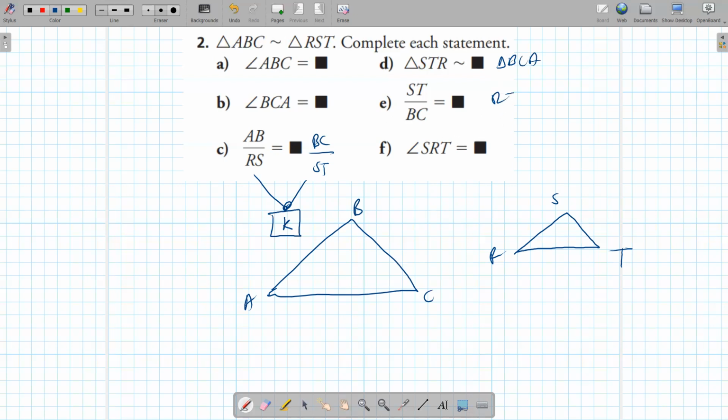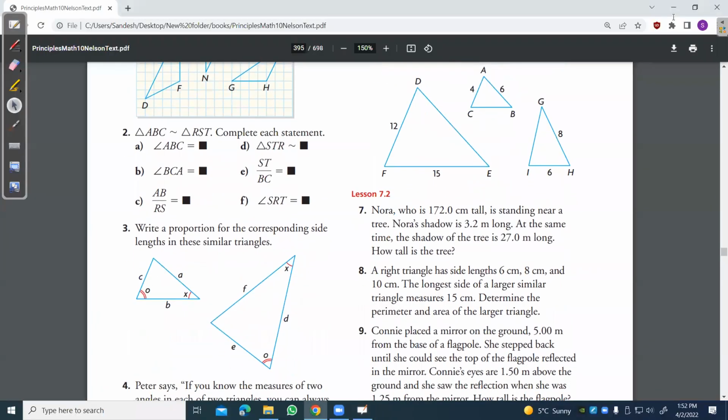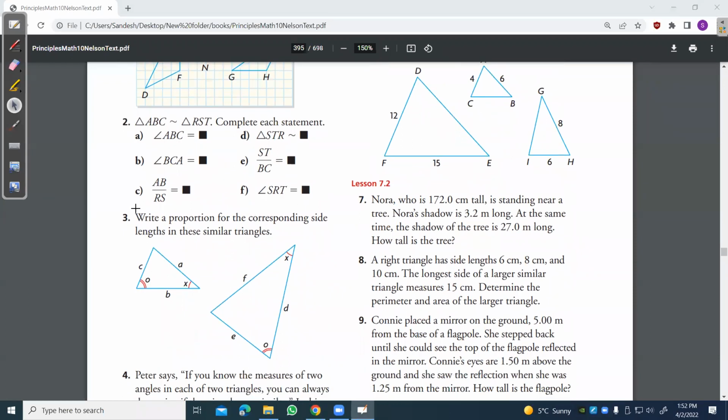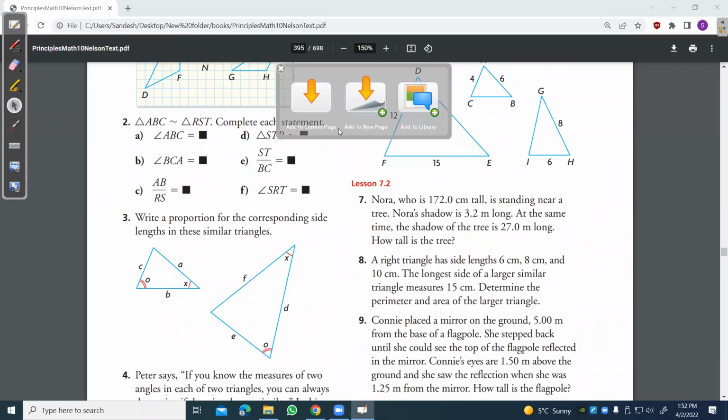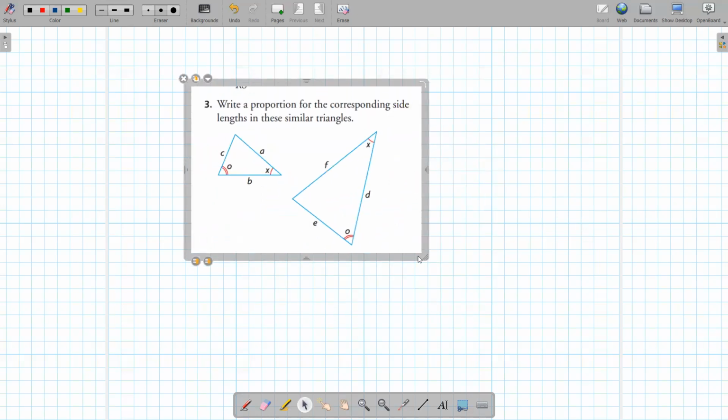Right. And then finally, angle SRT is the same thing as BAC. Yes, okay. So there you go. That's all about similar triangles. Let's look at this one. Write a proportion. A proportion just means something over something.